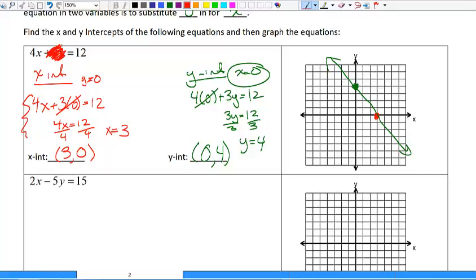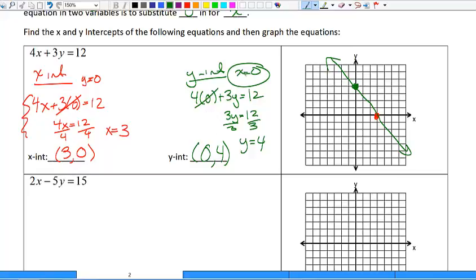You would be putting your finger on top of the 3y. Then I'm just left with 4x equals 12. Could you solve this in your head and get 3 without writing a whole lot of work? I would hope so. You probably just put your finger over it.